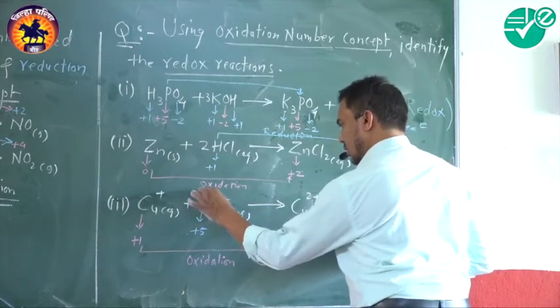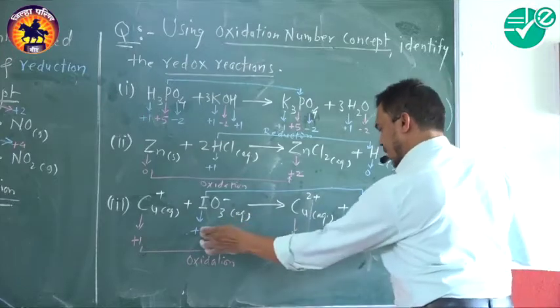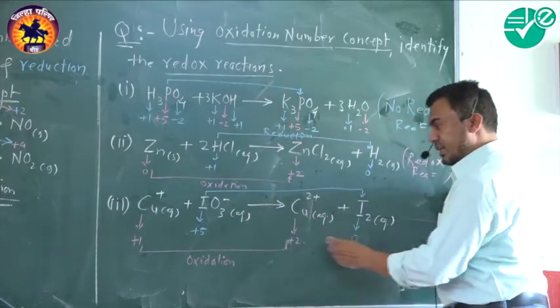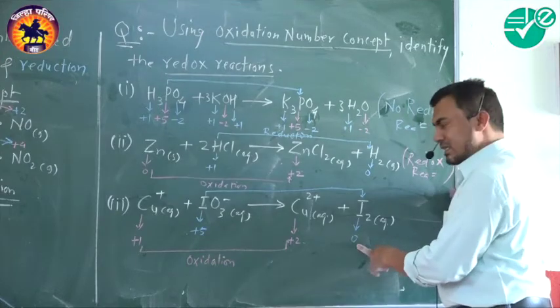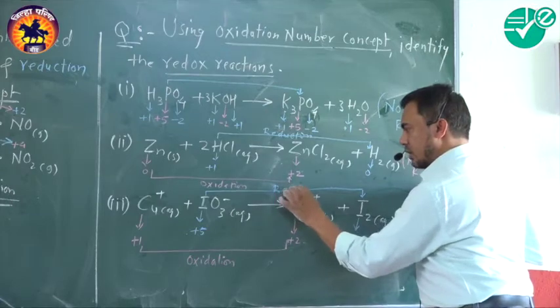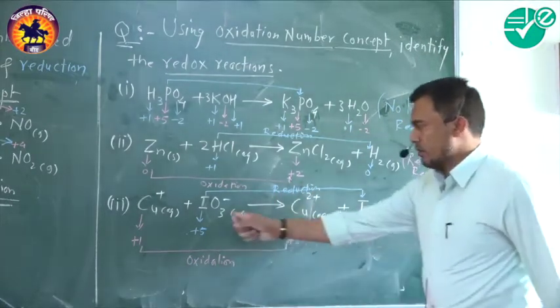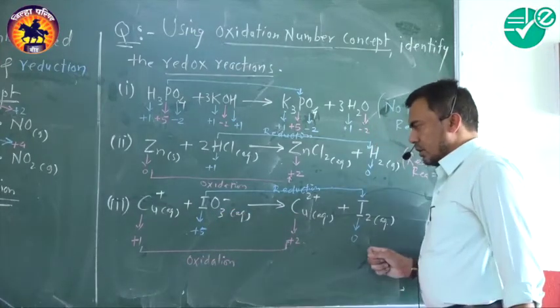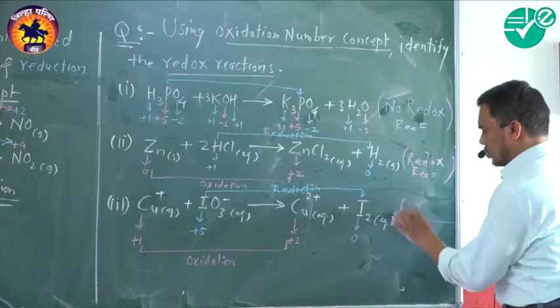Therefore the oxidation number decreases from +5 to 0. In this case the reaction is called a reduction reaction by gain of electrons from iodate ion to iodine. Therefore this reaction is also a redox reaction.